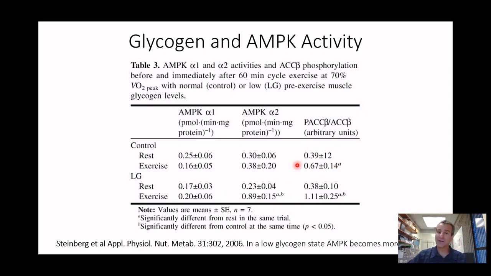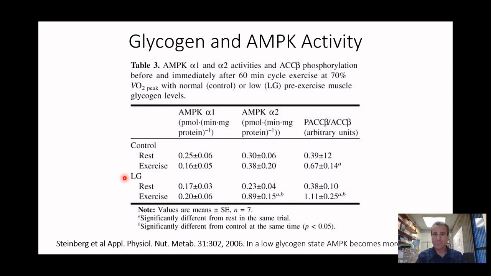And if you look, the activity is measured by looking at phosphorylation of ACC. Here you see, even though you don't see a statistical increase here, its downstream target, because of amplification, you see a significant increase in ACC phosphorylation. But that increase is almost doubled by starting your exercise in a low glycogen state.